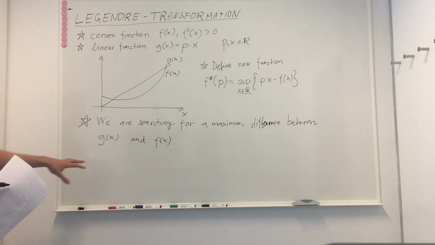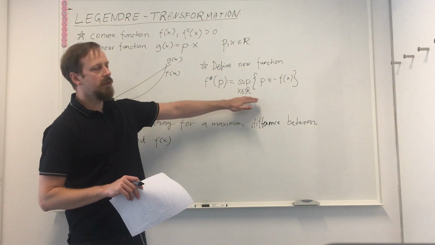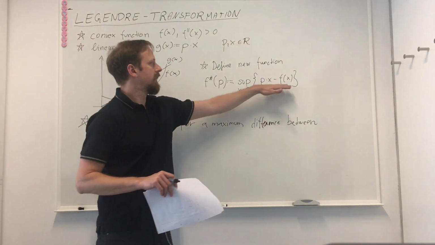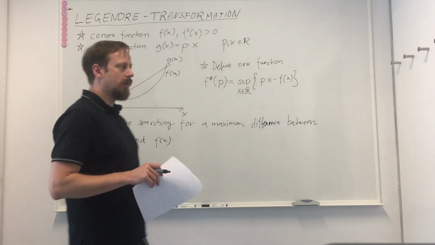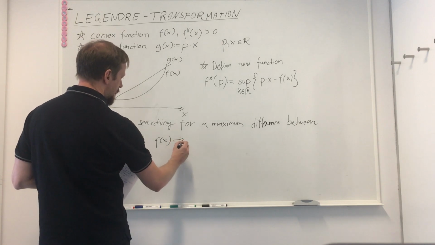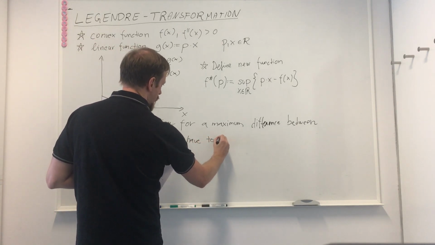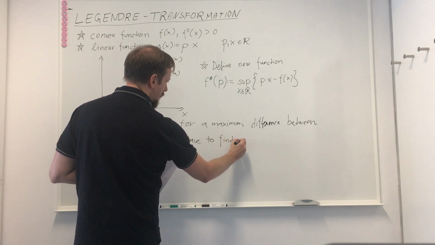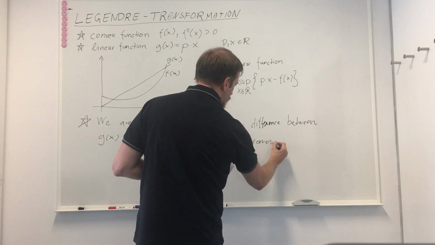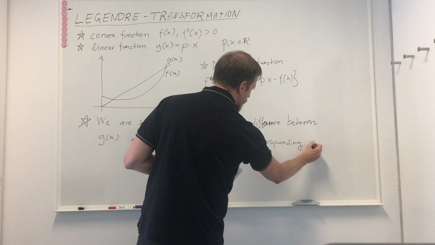To get the maximum value for this expression, we have to find a certain x naught for which it is maximized. This means we have to find the corresponding x naught.